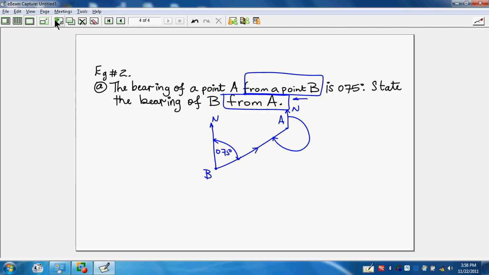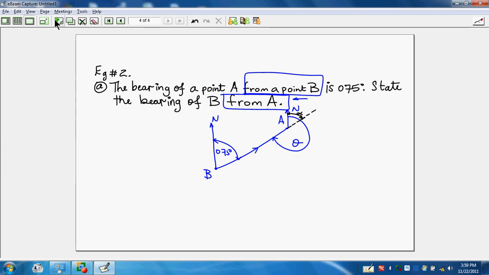If we were to call that particular angle theta, then this is what we are interested in. How are we going to go about finding theta? Because that is the angle that would give us the bearing of B from A, starting from A. So what we do, if we extend this line here upwards, like this, and we take note of this angle here, and let us say we call that angle alpha.